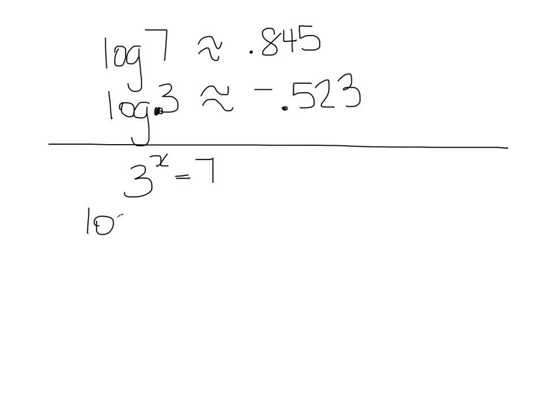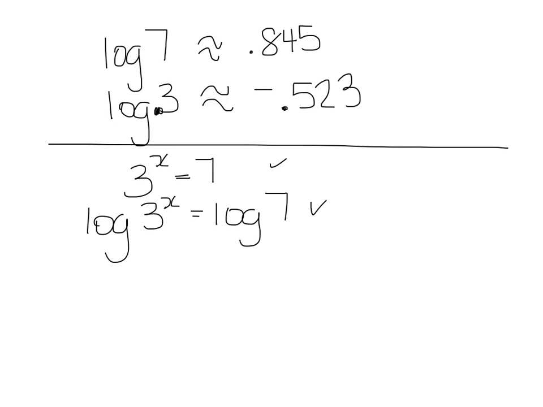So I can write log of 3 to the x is equal to a log of 7. Now convince yourself that you can do this because how many times have we done this in the past? We use that equality property where if you have the log with the same bases on both sides, you can cancel out the logs. So now we're just adding in the logs rather than going in the reverse. So this is a true statement. If this is true, then it has to be also true that the second line is true.